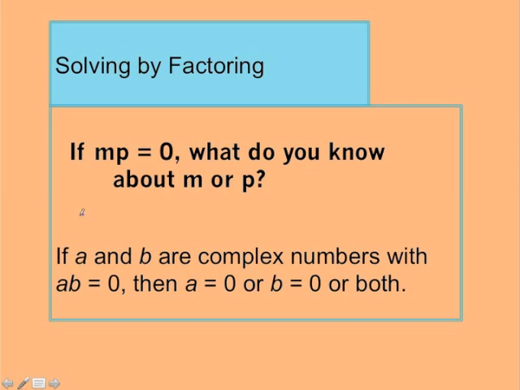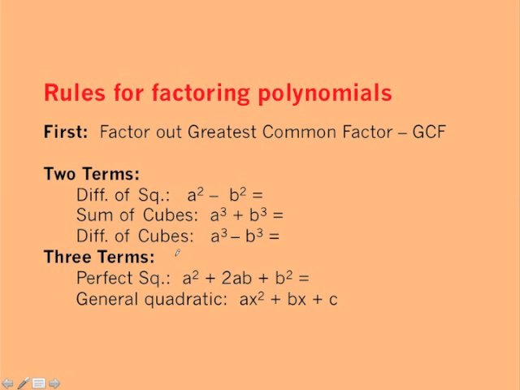Well, we know that either m equals 0 or p equals 0 or both, because that's the only way we can get 0 as an answer, if one of the factors is 0. So if a and b are complex numbers with ab equals 0, then either a equals 0 or b equals 0 or both.